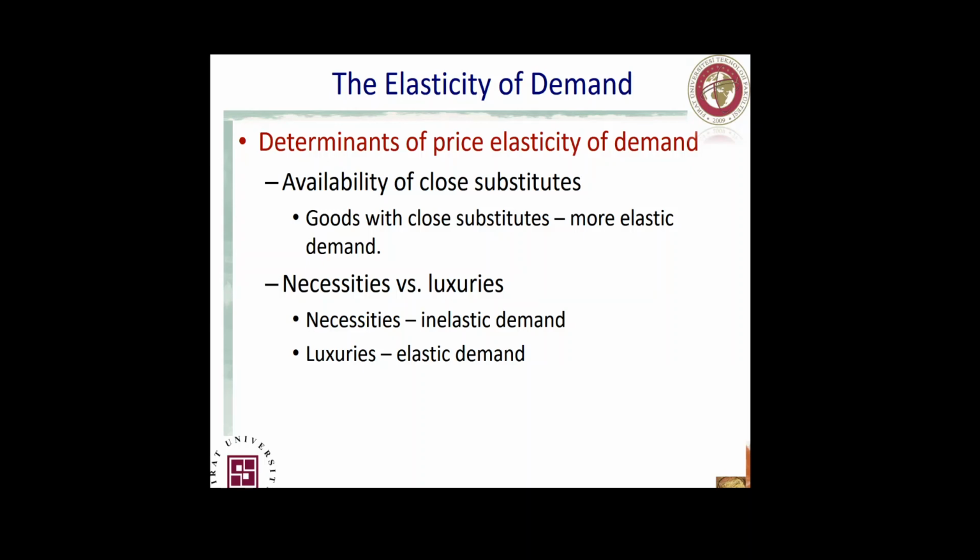Now let's think about a few types of goods or services demanded. Now think about two goods that are actually substitutes, things that we can replace, where it's possible that we can replace one of them by the other.